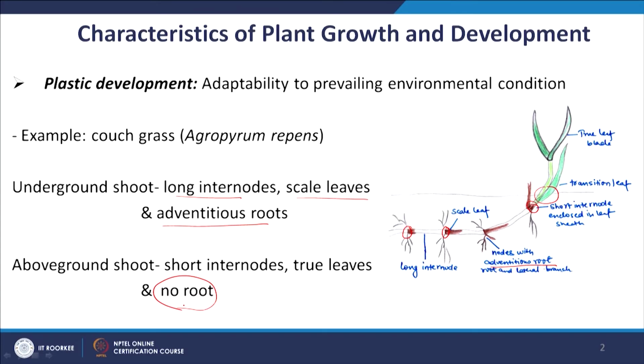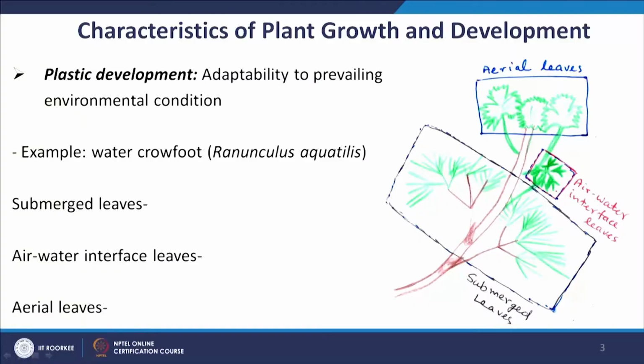So, developmentally, first it has changed its program from making long internodes to short internodes. It has changed its program of leaf development, so now the leaf is a different type of leaf. And more importantly, when it was underground, it had an active developmental program for adventitious root development, but once it comes above ground, it has to shut down that program. This is another case of developmental plasticity.